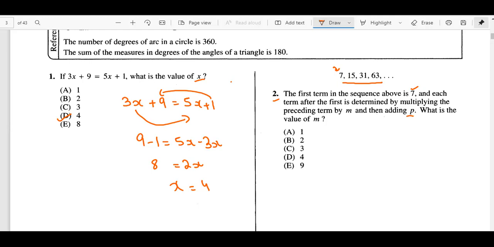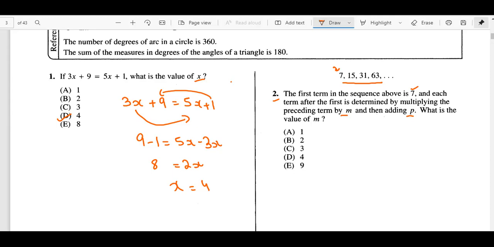Okay, so it's neither arithmetic nor geometric. It's a different sequence. We have many types of sequences, but the most famous ones are arithmetic and geometric. So in this sequence, they have defined it by saying that for every new term, we multiply the preceding term by m and then add p. What is the value of m?